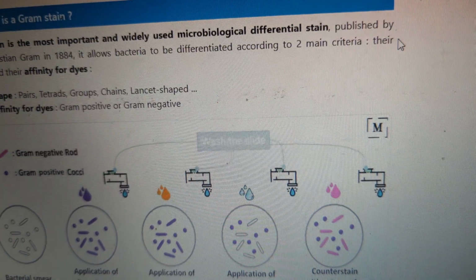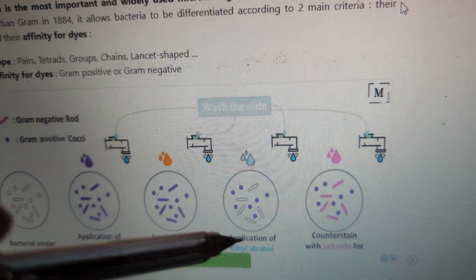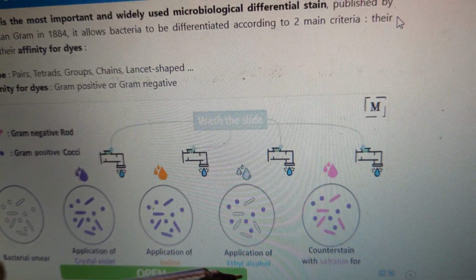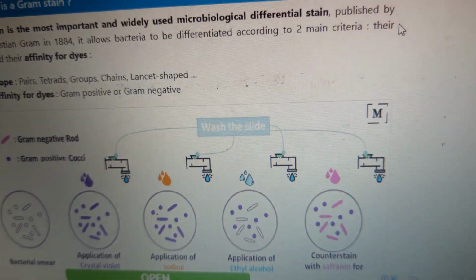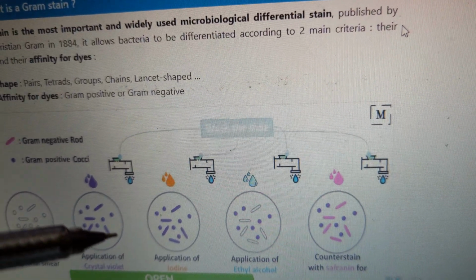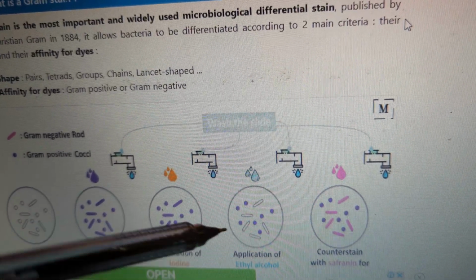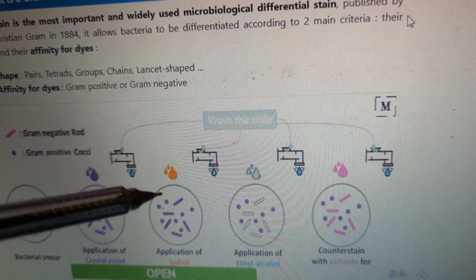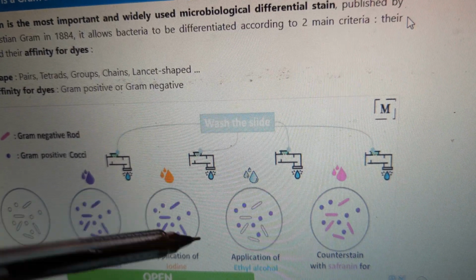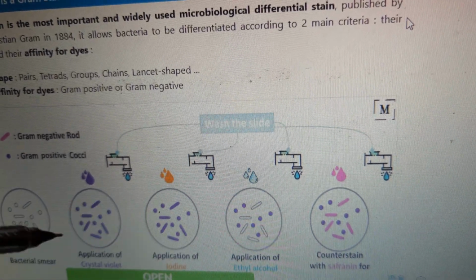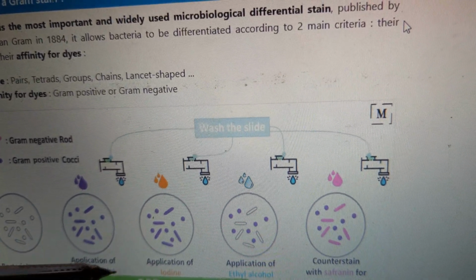Okay, so as we move on to the decolorizing step, where in this case we have ethyl alcohol. If the bacterium in the sample is gram negative, this decolorizer will be able to penetrate that thin peptidoglycan and rinse out, so to speak, the crystal violet.